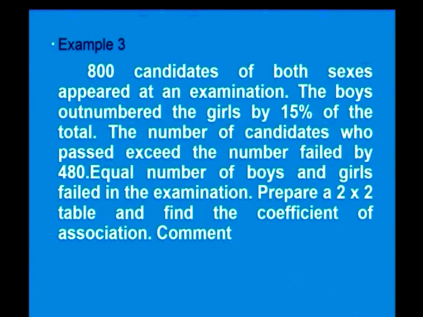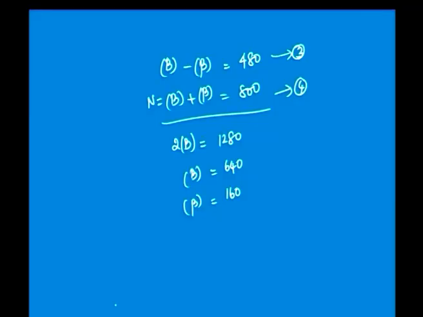One more piece of information is given in the question, that is, an equal number of boys and girls failed in the examination. Failed candidates are represented by beta and that value is 160. So equal number of boys and girls means we have to take 50% of 160, that is 80.